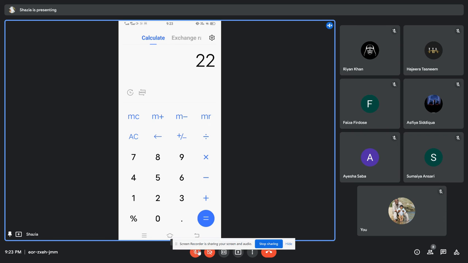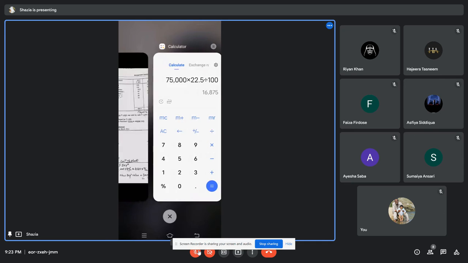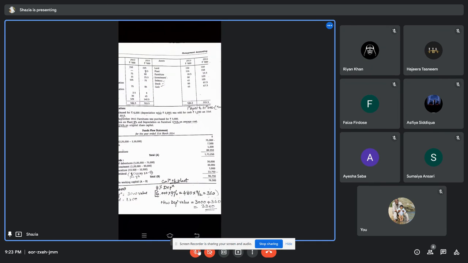So 22.5 divided by 100. Okay, so 75,000 into 22.5 divided by 100. How much they have got? 16,875.